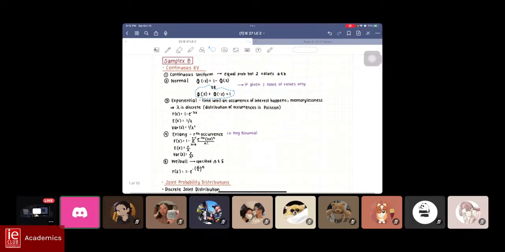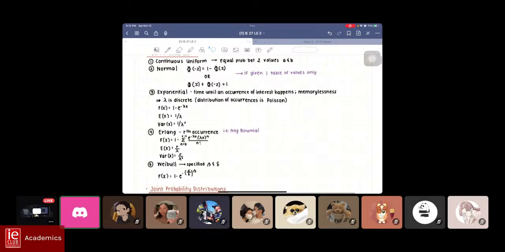And then for exponential and Erlang naman, it's similar to the discrete distributions. So your exponential is kind of like your geometric. So it's the time until an occurrence of interest happens, and it's memory-less. And the Erlang is similar to your negative binomial. So it's the rth occurrence naman.